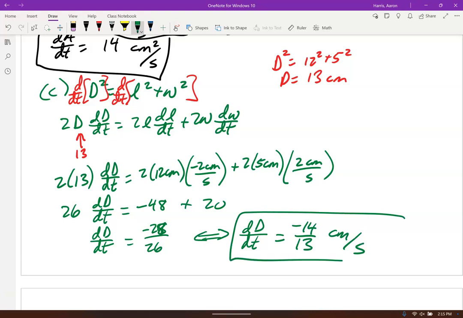Centimeters per second. That's how fast. So the diagonal is decreasing. The length of that diagonal is decreasing at that exact moment, with that fixed length and width.